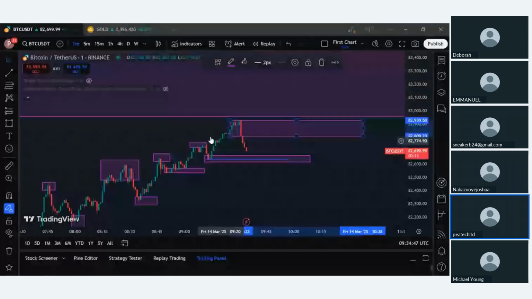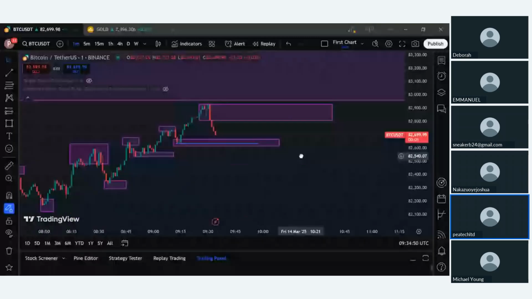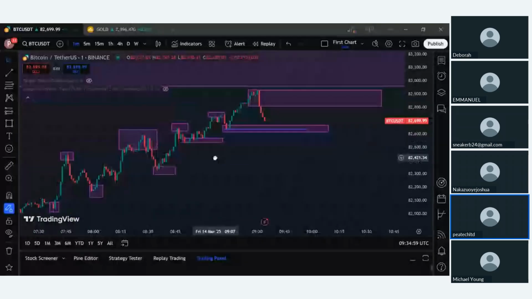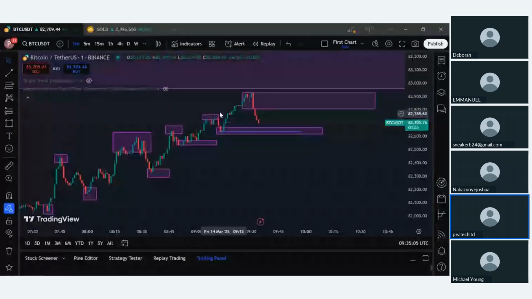So if what we want now is for this market to break this zone downward, then we call it a market structure shift, right? Or break of structure. So the structure will be broken if it should break below the previous low.